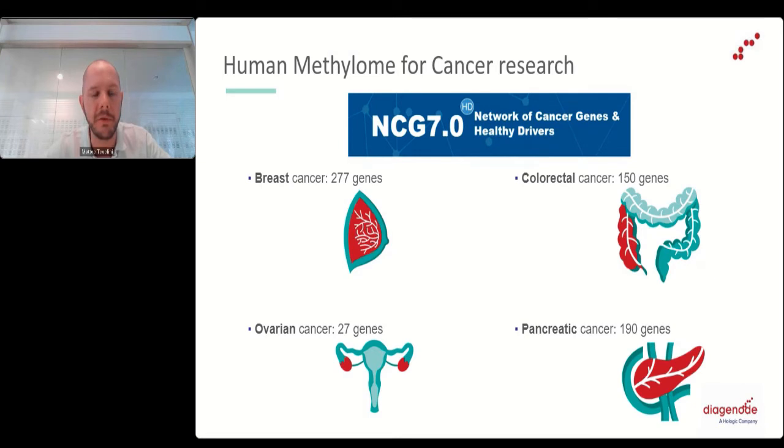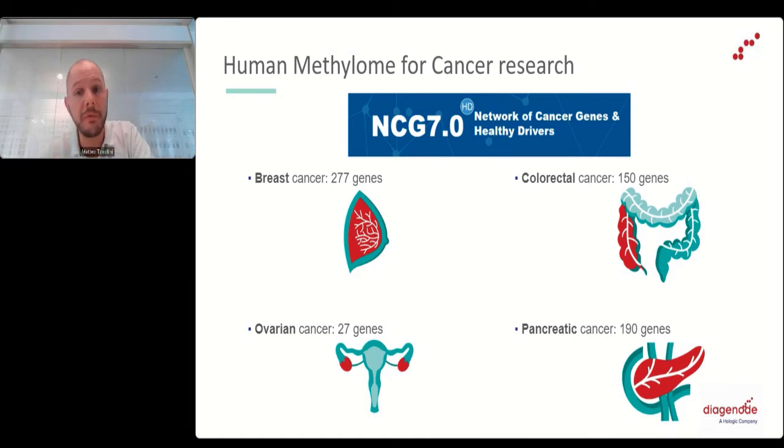How can we also use the human methylome in cancer research? If we cross the panel of the human methylome with a database called the Network of Cancer Genes and Healthy Drivers, we can find that, for example, the human methylome covers 277 genes that have already been reported to be important for breast cancer.